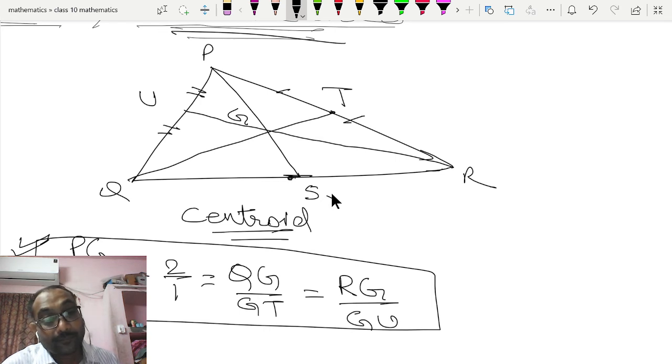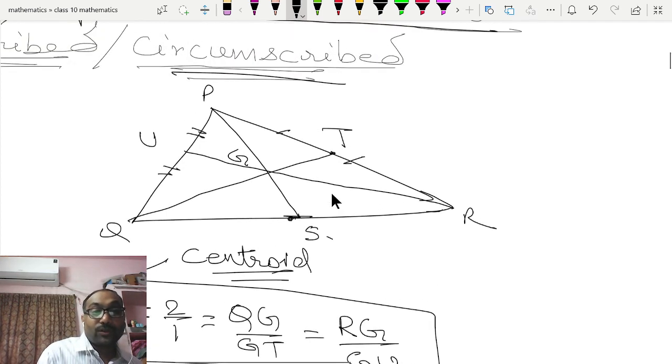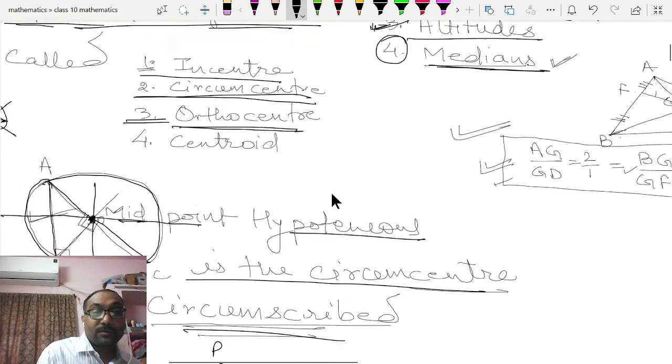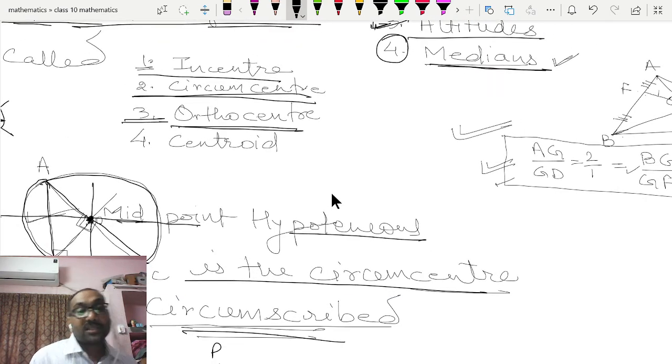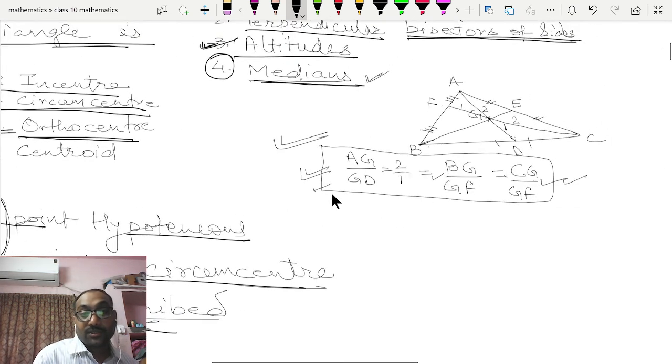Okay, the median is divided by the centroid in a 2:1 ratio. Clear? G is called centroid and all these lines are medians. So the point of concurrency of medians is the centroid. Okay, and you will need to study all these important definitions.